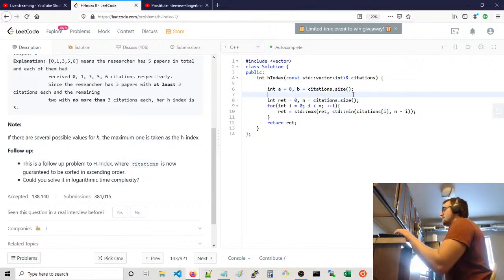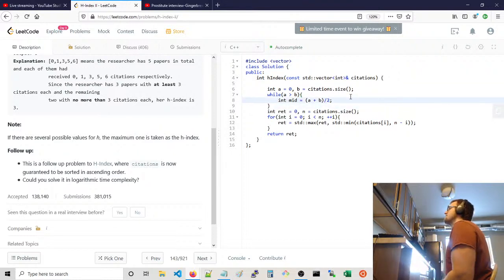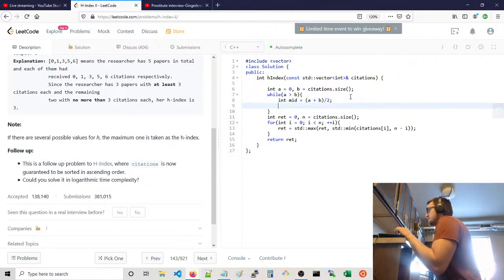So the loop is going to look like the following. While A is greater than B, we'll say int mid is going to be A plus B over 2, right? Yeah, that should be fine.